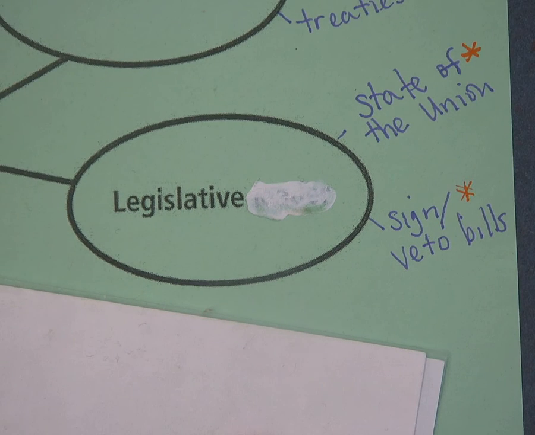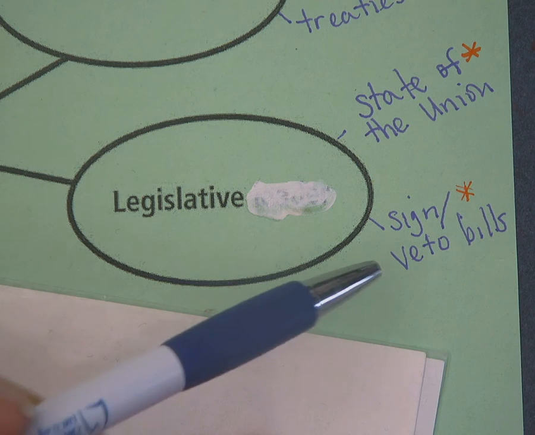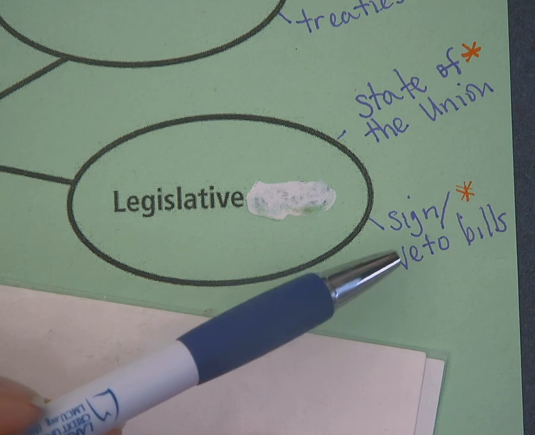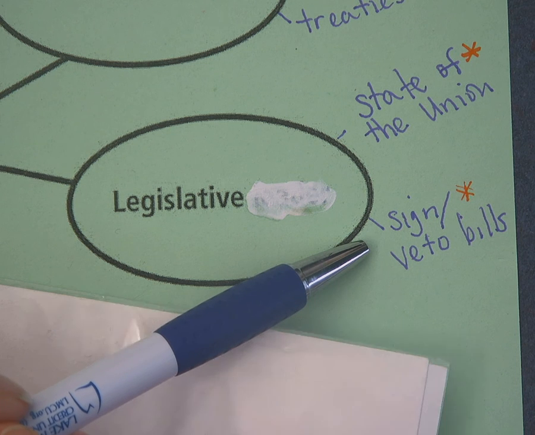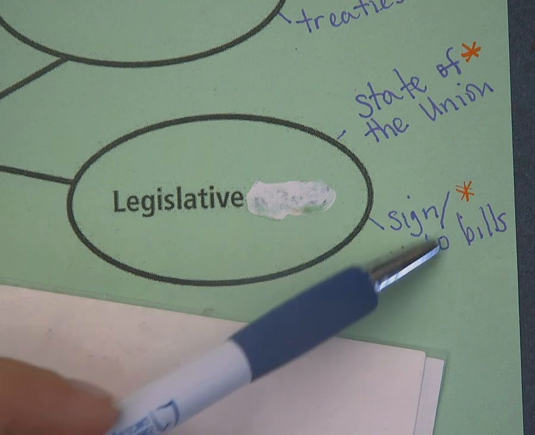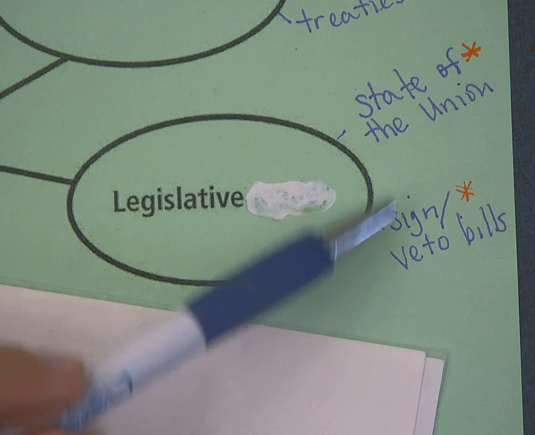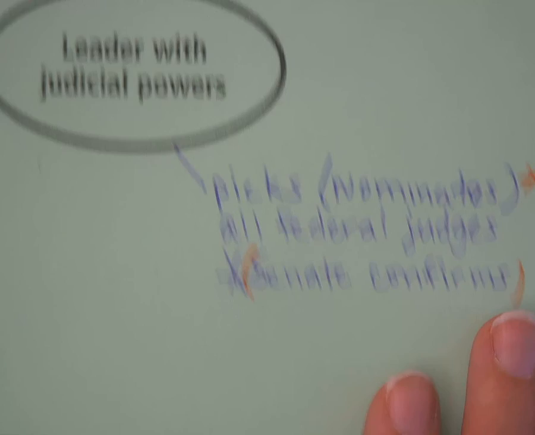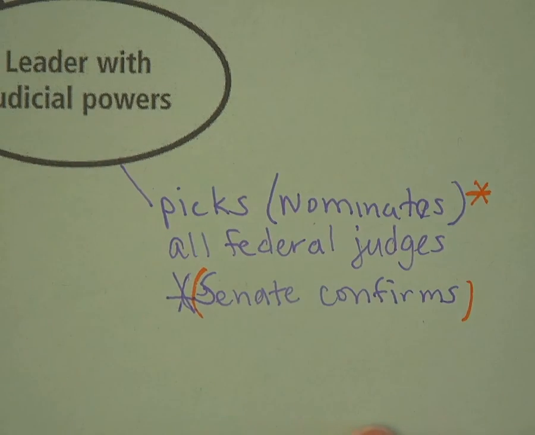And then you should know from the last unit that he signs and vetoes bills, as well as if 10 days, no signature, it's a pocket veto. If Congress leaves, 10 days, Congress is still there, it becomes law without a signature. That is all in the Constitution. Again, so is this. He nominates federal judges.